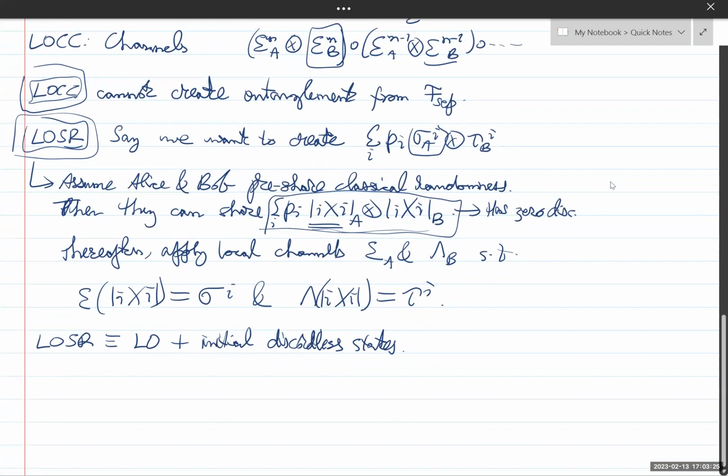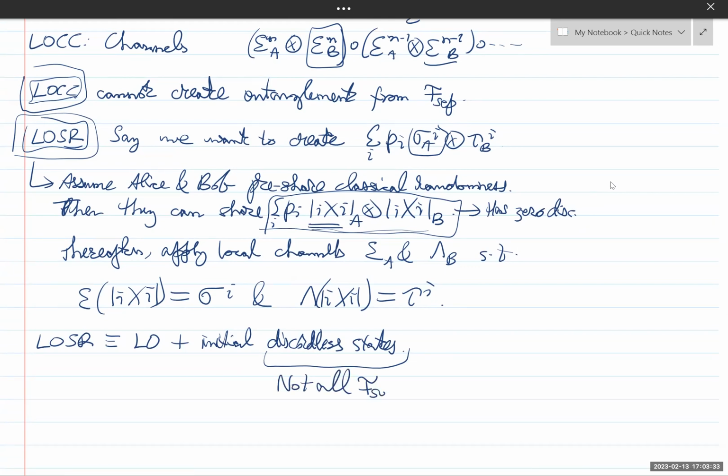Yes, for sure. So these will not be all separable states. There are separable states that do have discord. Off the top of my head, I am unsure whether this structure I wrote down here is essentially all of the zero discord states. But I think that is true.